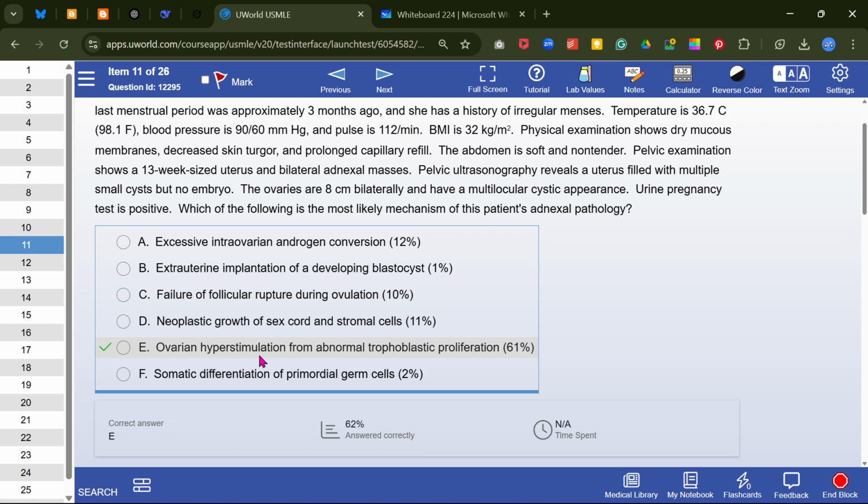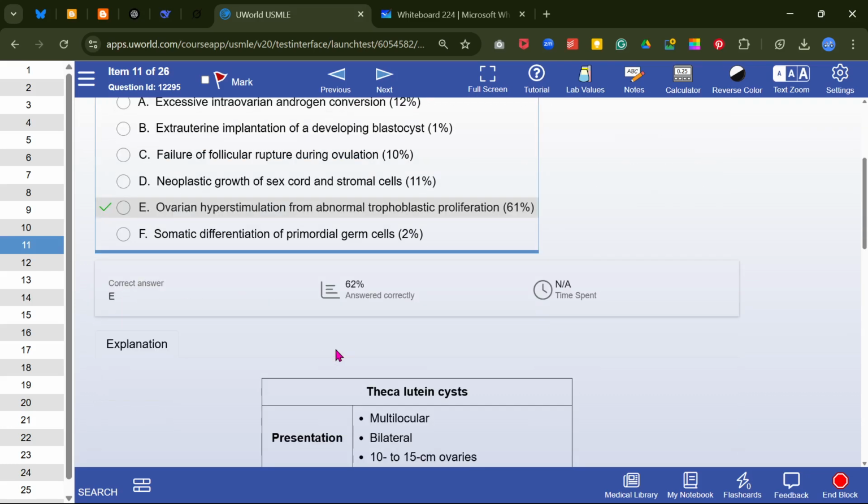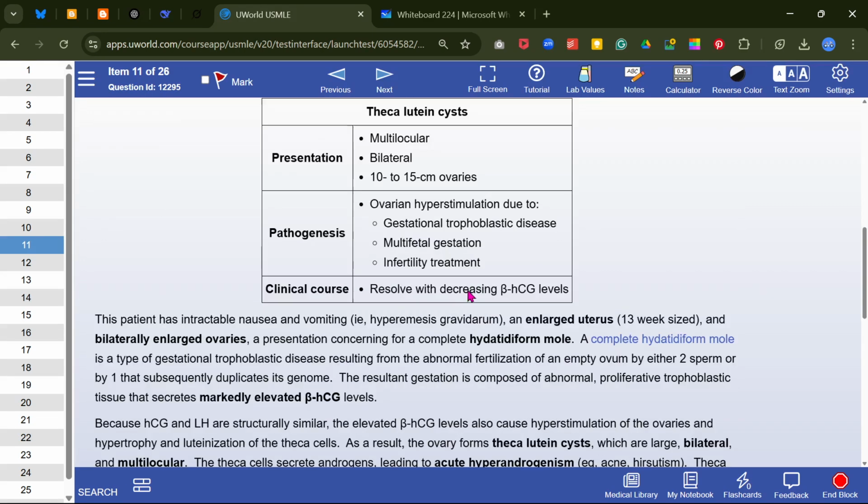The associations are hyperemesis gravidarum, overt hyperthyroidism, theca lutein cyst, and early onset preeclampsia. So it is theca lutein cyst.